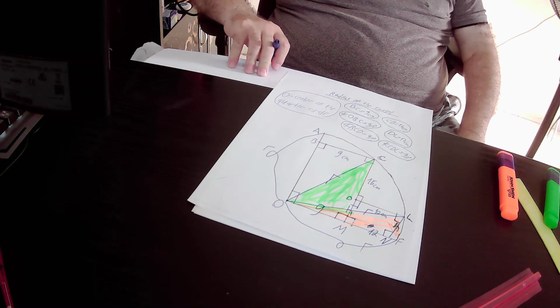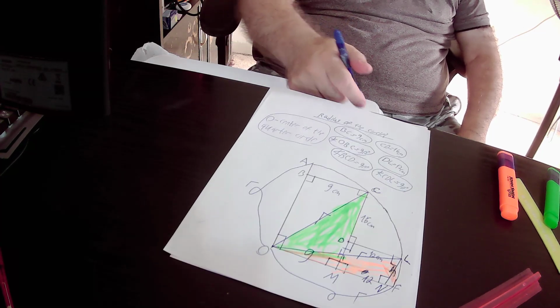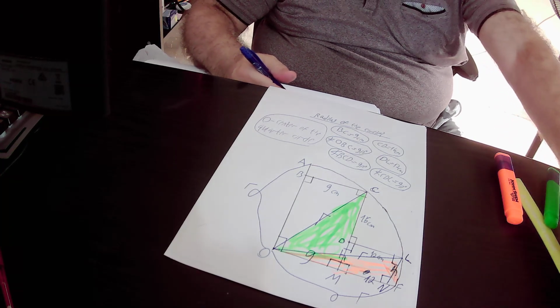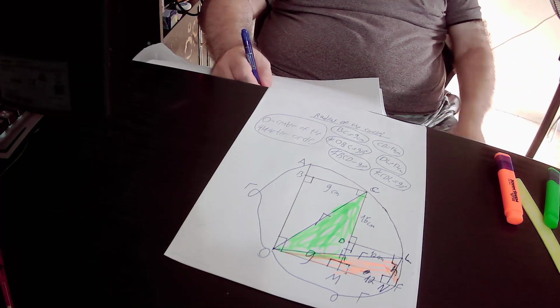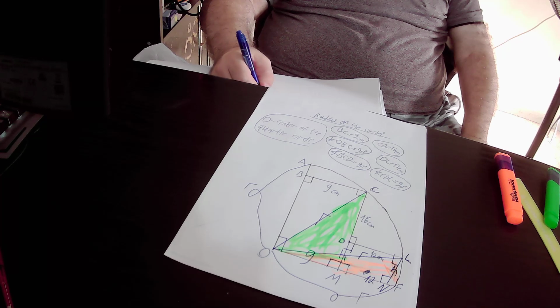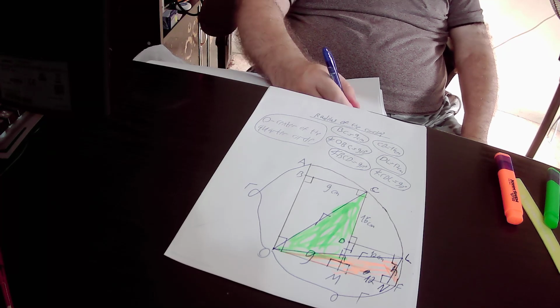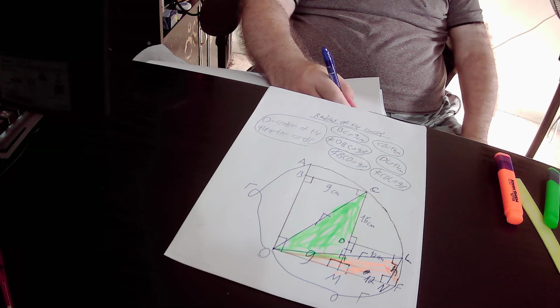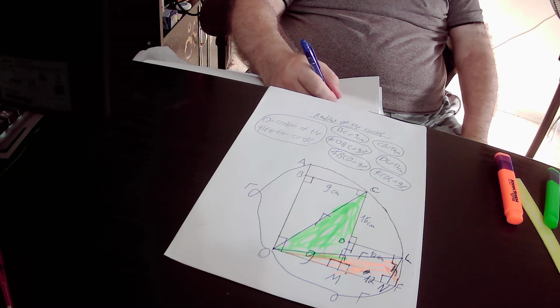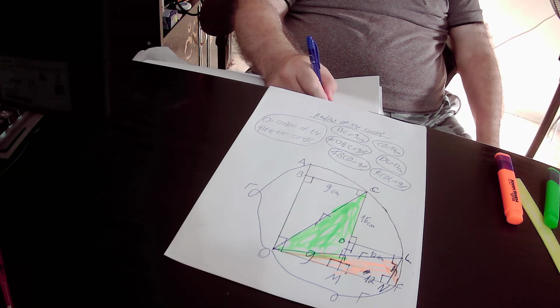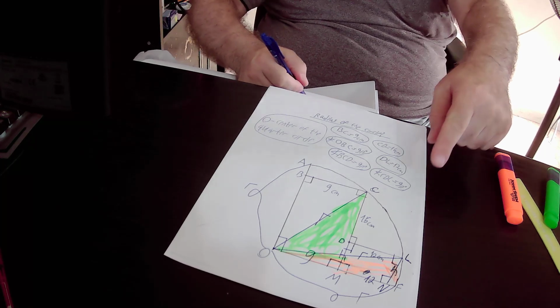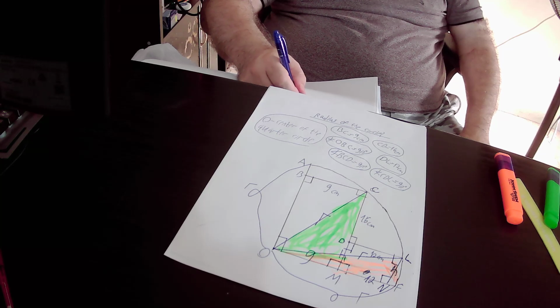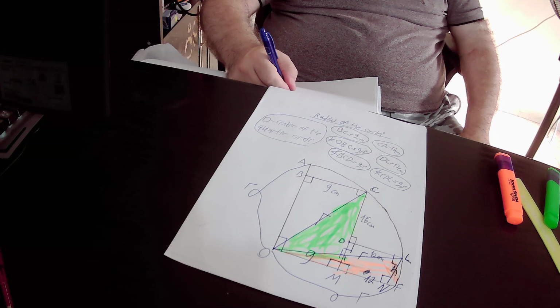That is to say, OL square equals LN square plus ON square.